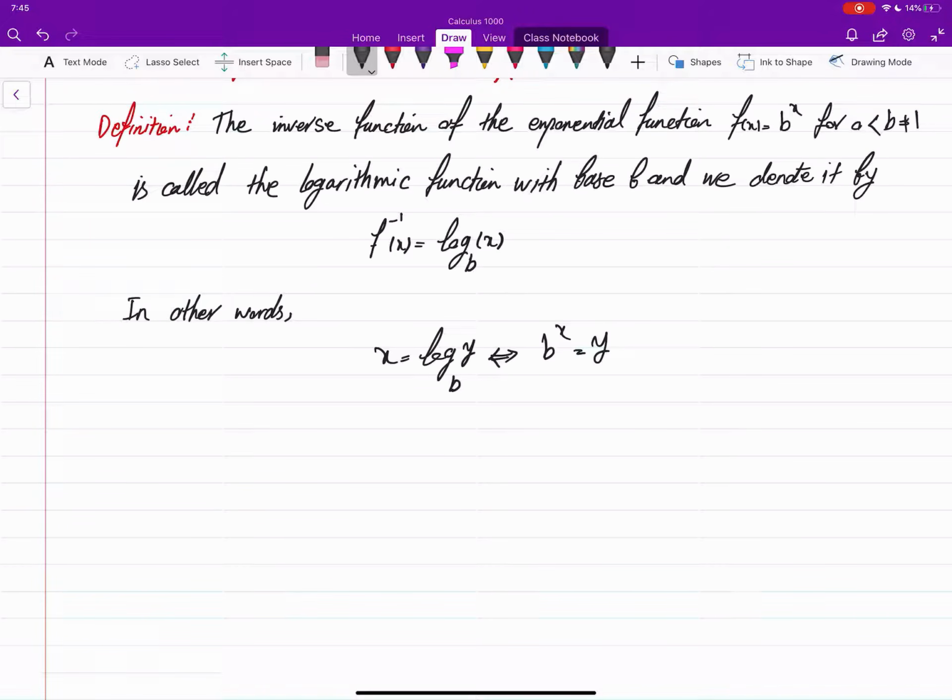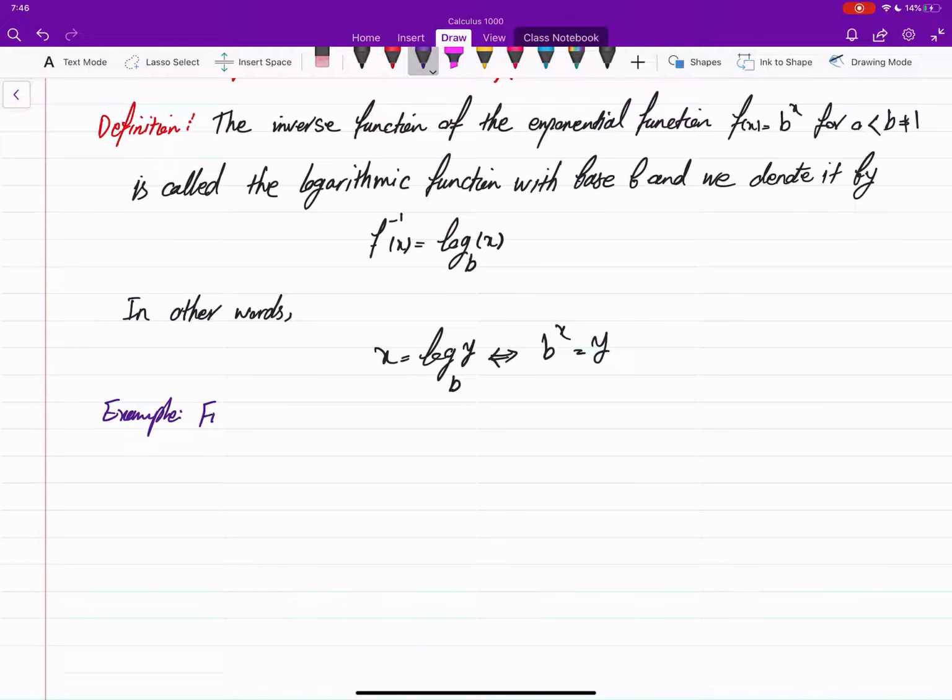So it's exactly the inverse of the exponential function. So if we're looking for log of y in the base b, we are looking for a number x which, when you put it in the power of b, you get y. So let's do some examples using just this property. This is the definition of log.